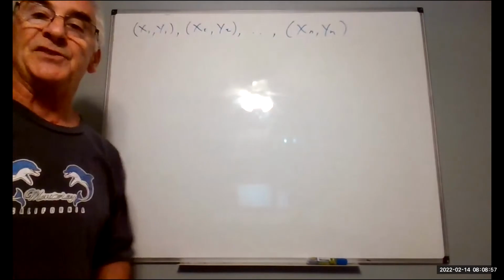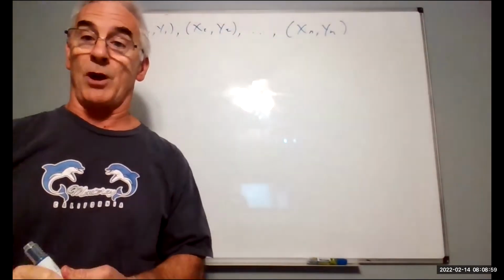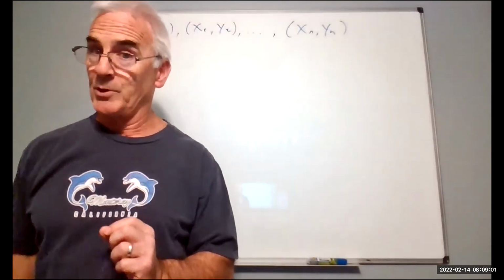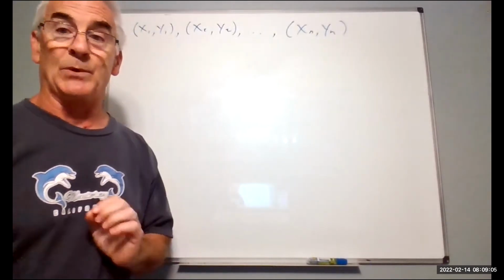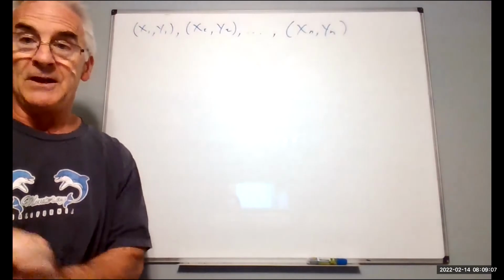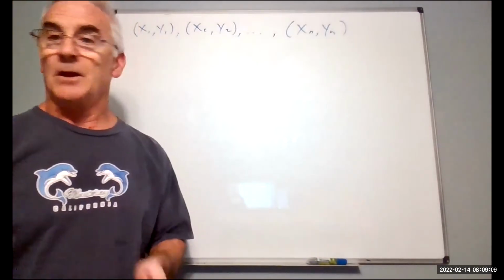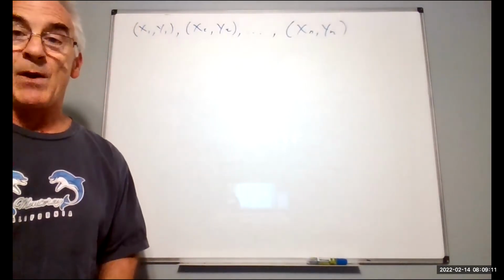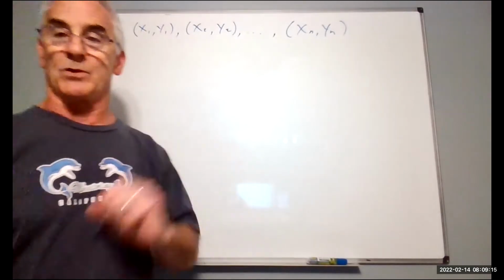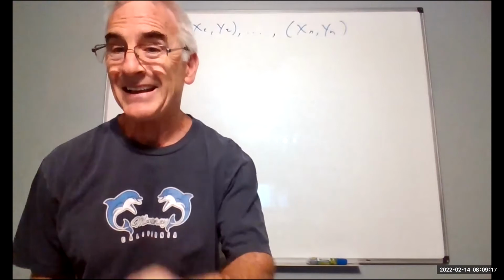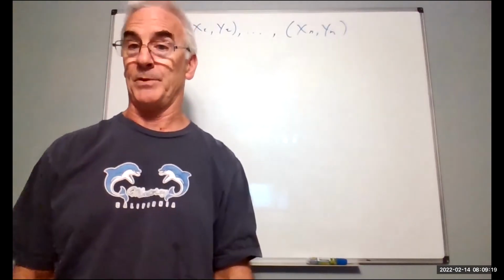Now, this is how we started the polynomial curve fitting problem. The difference in the polynomial curve fitting, first of all, I cannot repeat any of the X values. And secondly, we are finding the polynomial that passed through every point. Totally different goal now. Now I'm trying to find the line that is the closest to every one of those points. And X values can be repeated.